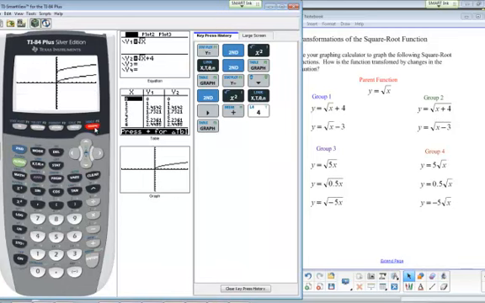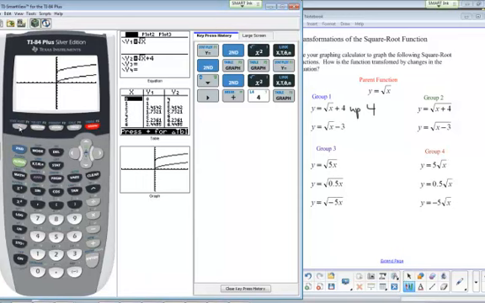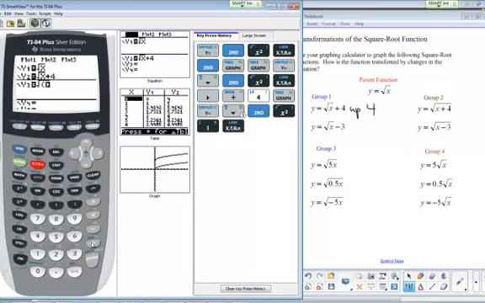So that shifts it up 4. See how it's gone up 4? So let's go ahead and write up 4. Okay, now let's go back here and do this next one as the square root of the whole thing, x plus 4.